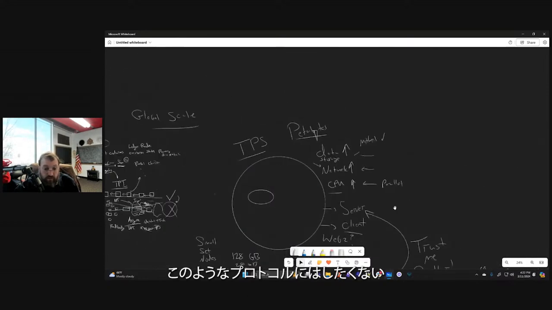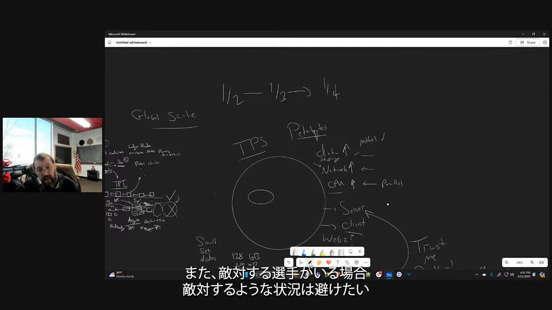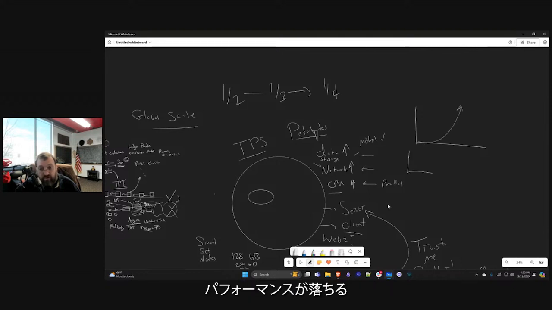You don't want to go to a protocol like this and one half goes to a third, goes to a fourth. And also, you don't want a situation where, when you have adversaries, as your adversarial behavior increases, your performance goes way down. You don't want bad to map to performance like this.